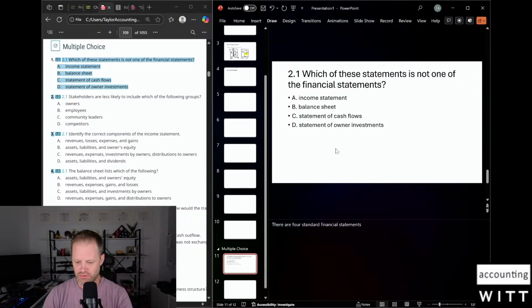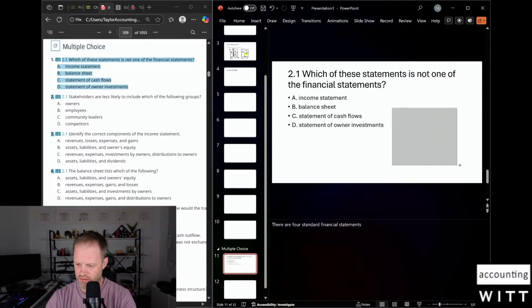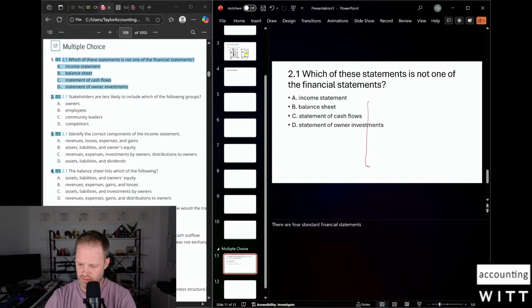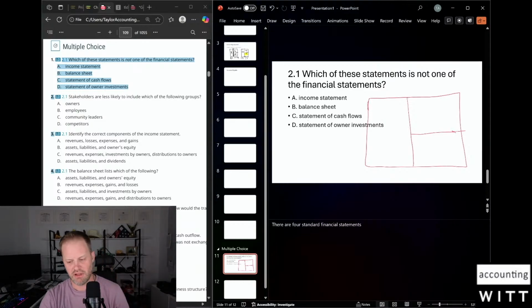I like to draw them in terms of my graphic. Oops. So there's the balance sheet, which is represented by this 3 square.